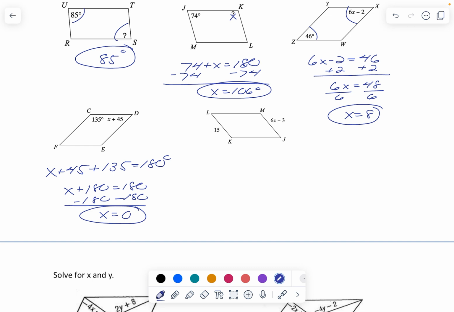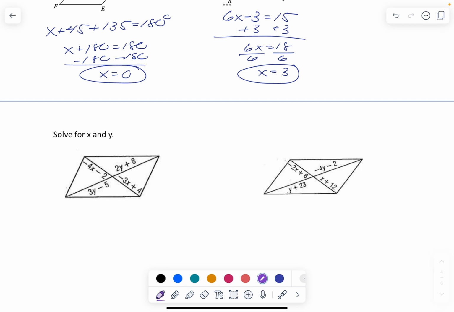Remember, when we're solving, x can be positive, 0, negative, because it's just x. It's not the angle itself. Now these opposite sides are congruent, so 6x minus 3 equals 15. 6x equals 18. x equals 3.